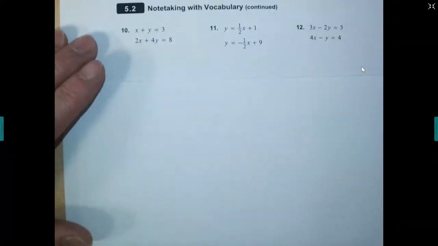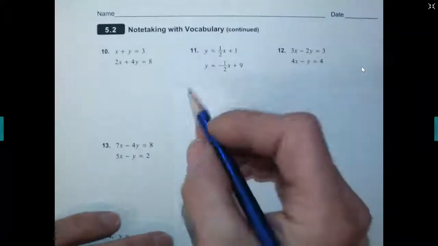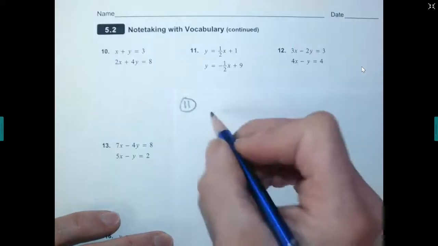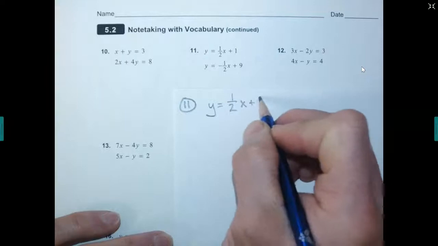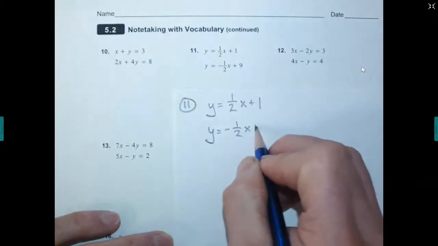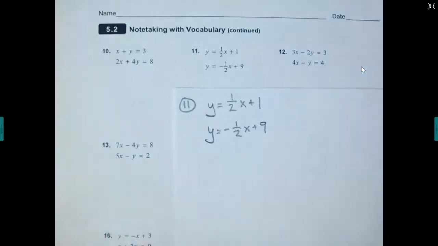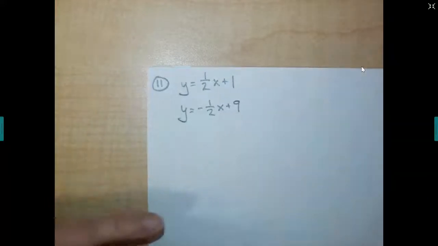Number 11. Ooh, fractions. Let's do it. Y equals 1/2 x plus 1. Y equals negative 1/2 x plus 9. All right. Fractions.